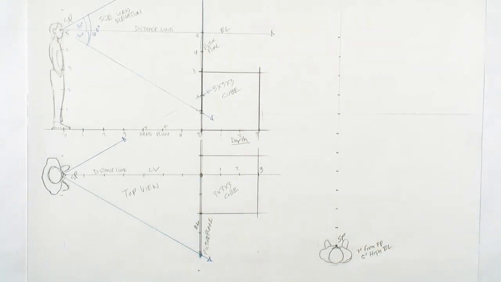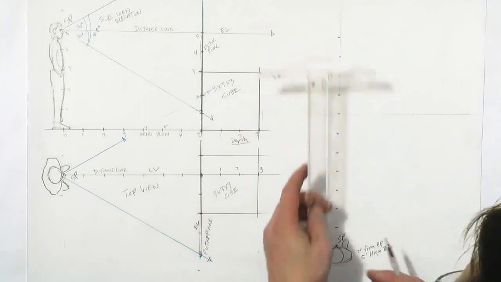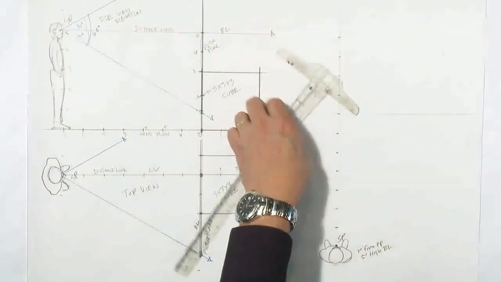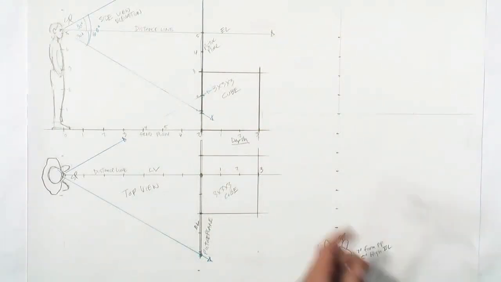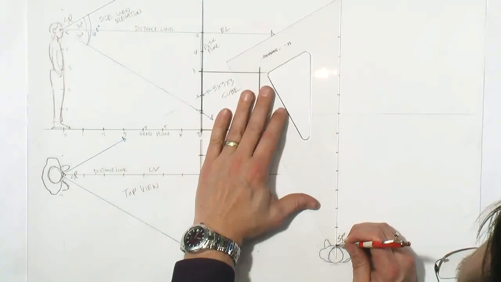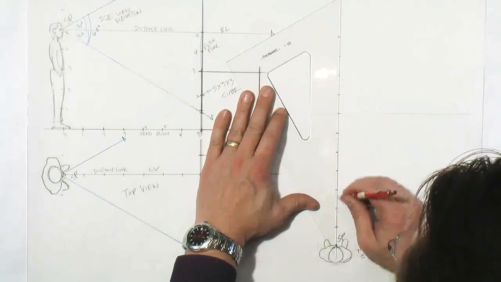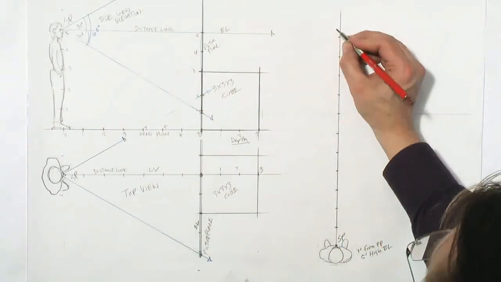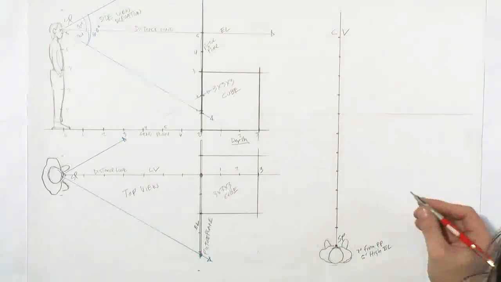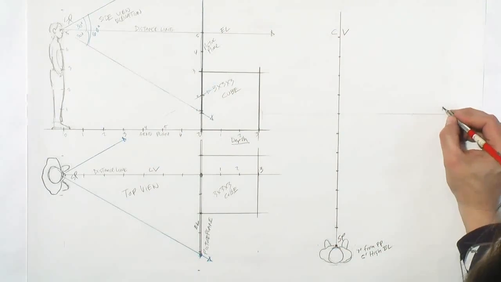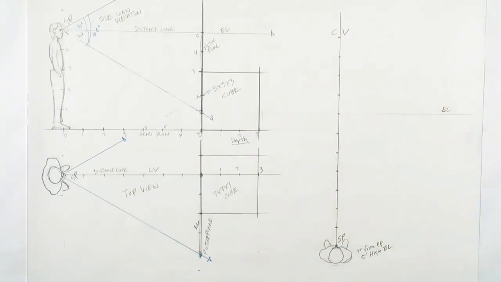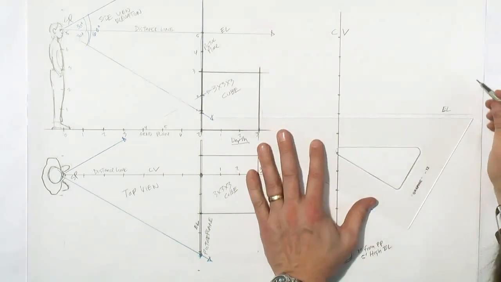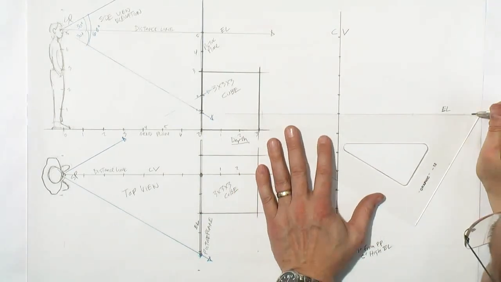Well, we know the cube's going to be coming, but we're going to do that in a second. I'm going to darken in this line just so it's more visible on film. And we know that's our center of vision, and we know this is our eye level. All right, and then I'll go ahead and darken in this idea.